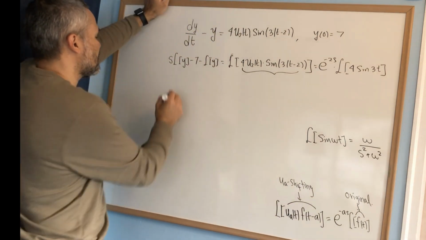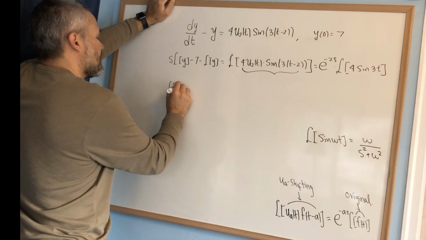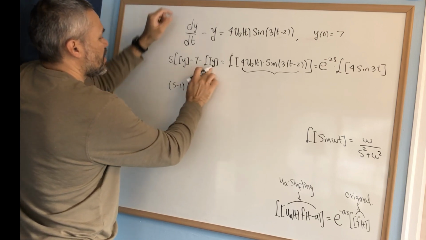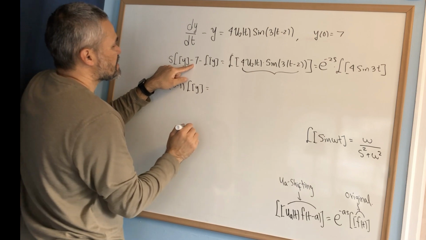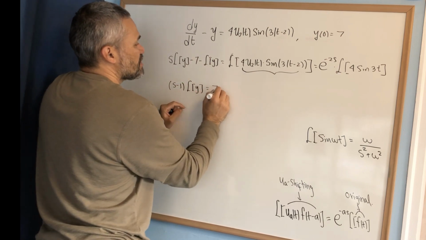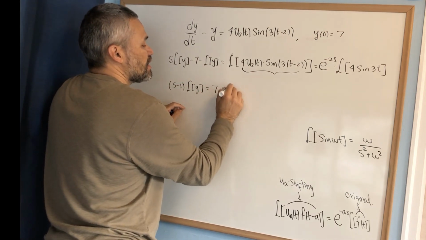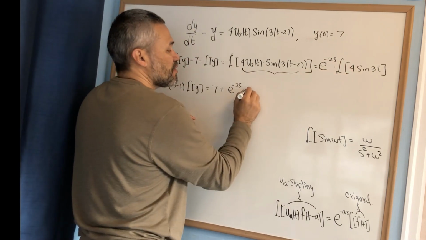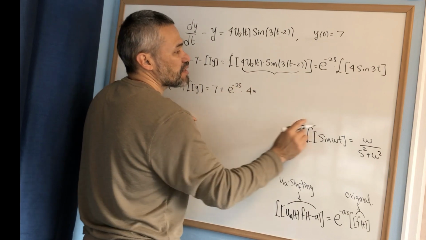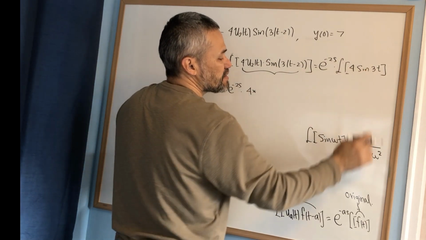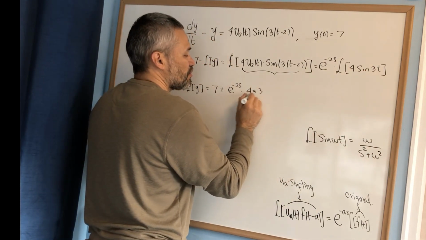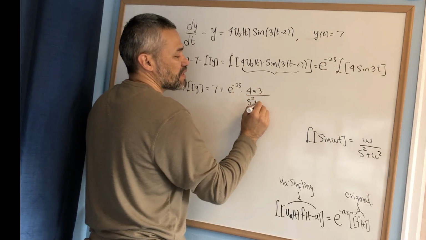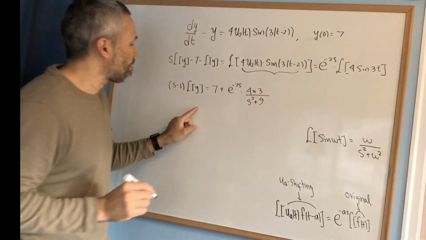Then we can say that s minus 1 times the Laplace transform of y, I'm going to move this 7 to the right, is equal to 7 plus e to the negative 2s times the Laplace transform of this, which is 4 times omega, in this case 3, so 12 over s squared plus omega squared, which is 9.